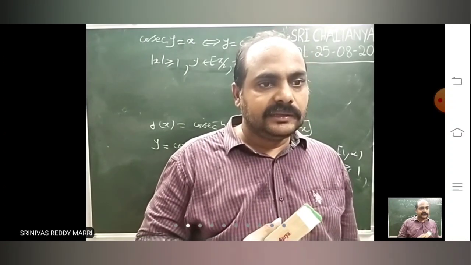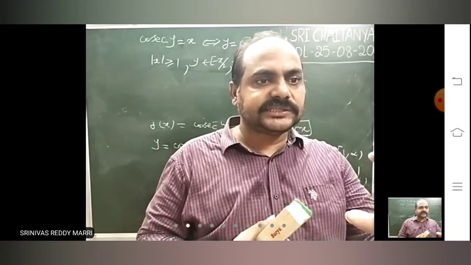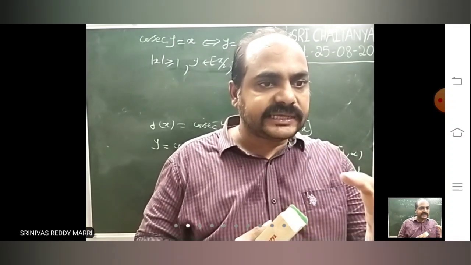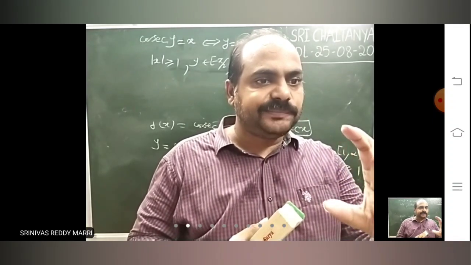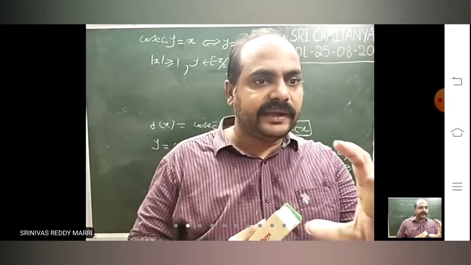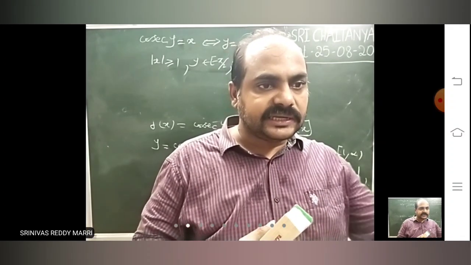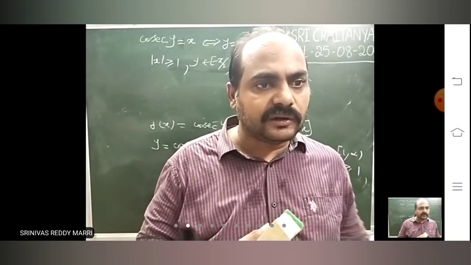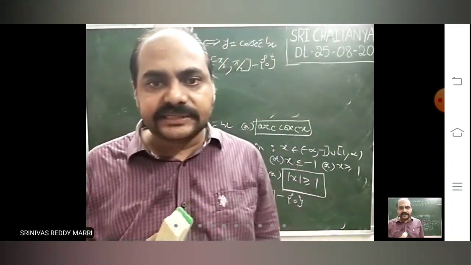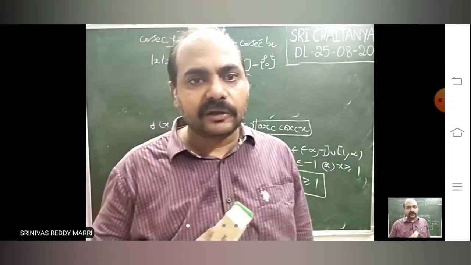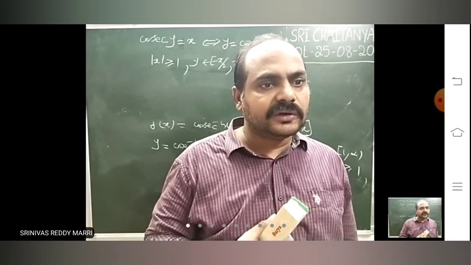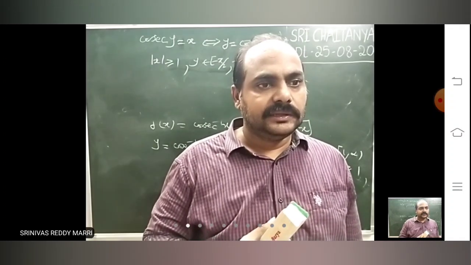Sine inverse x always lies in the interval minus pi by 2 to pi by 2. Cos inverse x: domain is x belongs to the closed interval minus 1 to 1. Range is closed 0 comma closed pi.